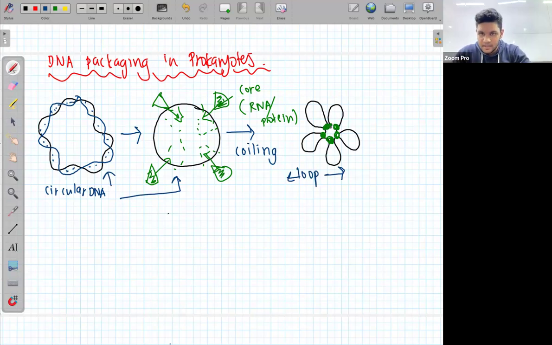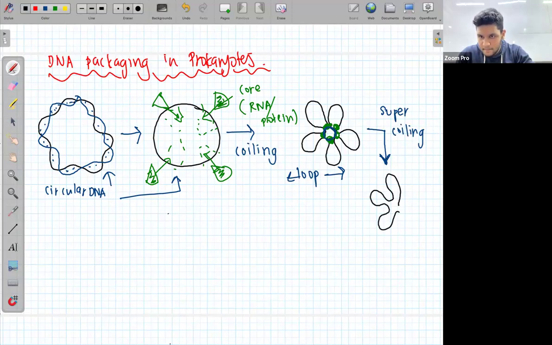Now, can you see here? It would be a hole, right? Remember that here at the center there would be a hole. Now, further the loop will be undergoing a process called supercoiling. At the end of supercoiling, the coiled structure will be getting a bit shortened and smaller, and each of them will be further coiled like this.